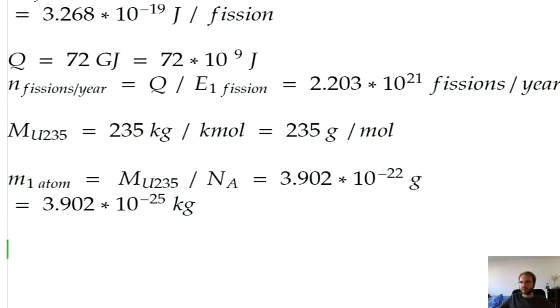And now we are just one step from the amount of uranium that we need in a single year. So the U-235 in a single year is the mass of one atom multiplied by the number of fissions in a year.